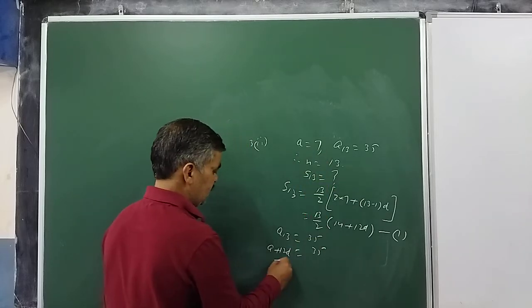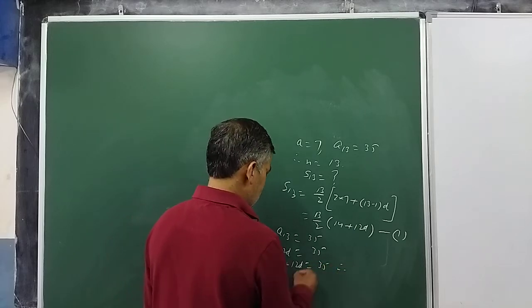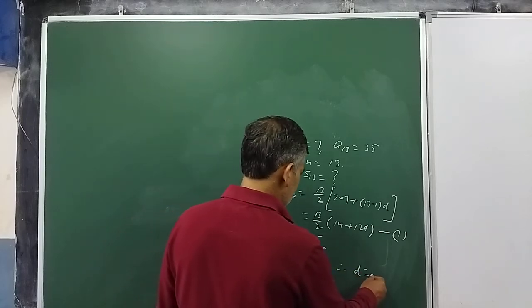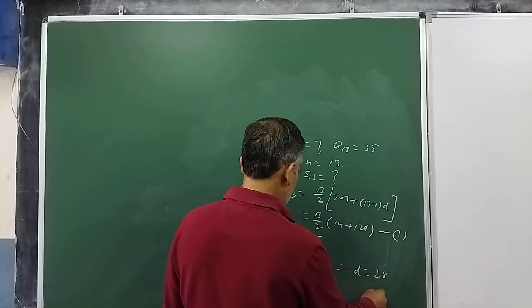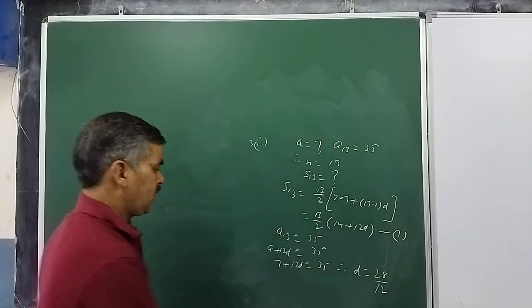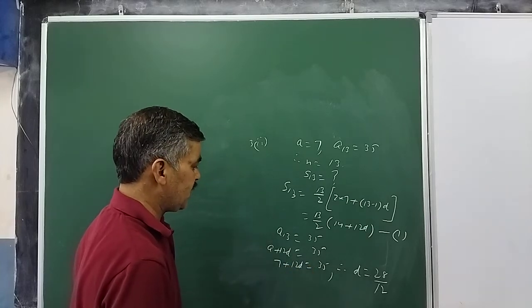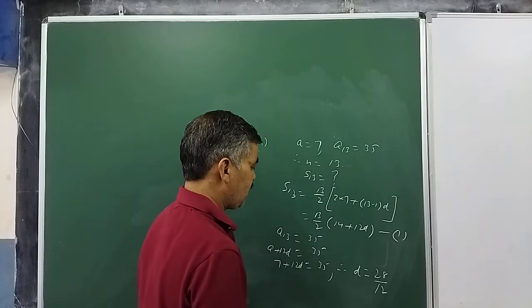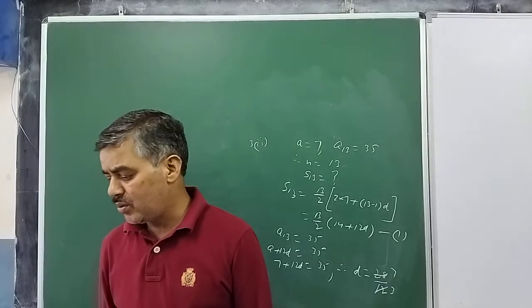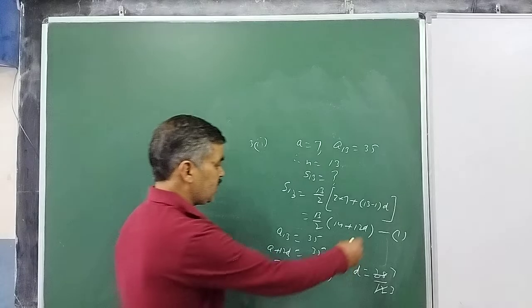A is given 7, so 7 plus 12D is equal to 35, so therefore 12d is 35 minus 7, that is equal to 28, and d will be equal to 28 upon 12. You can just go for cancellation. So d will be equal to 7 upon 3 here.